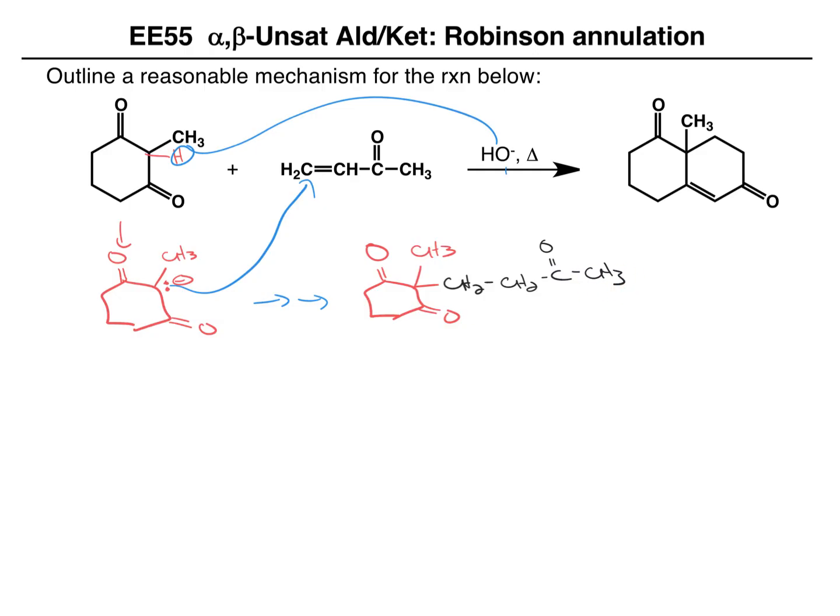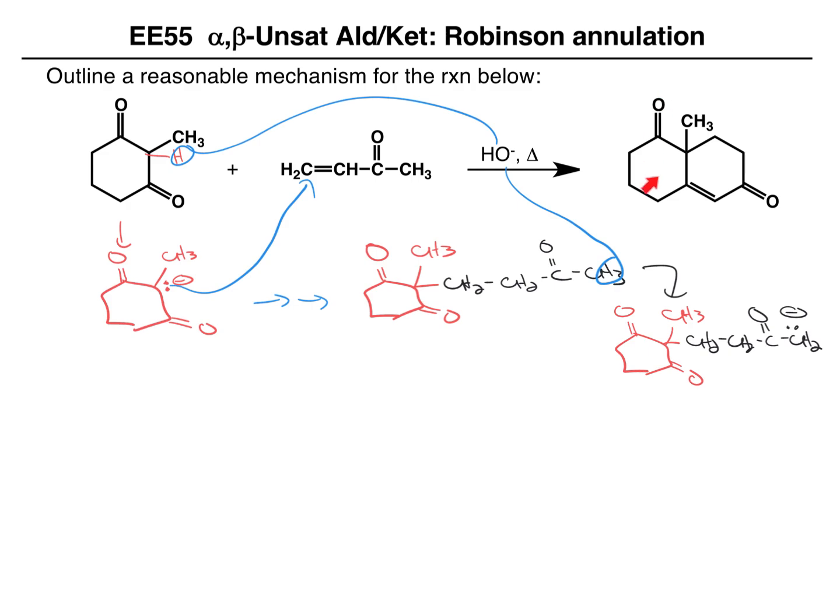So the hydroxide can pull off one of these protons, which is going to give us, here's our CH3 and our other carbonyl. And now we have our CH2, CH2, C double bond O, CH2 with a lone pair and a negative.